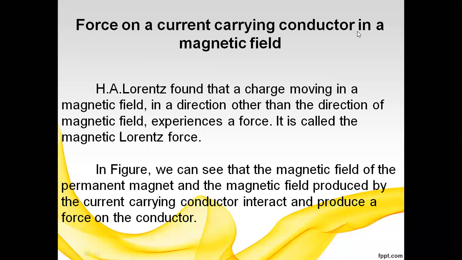So in this experiment, we find that the current carrying conductor exerts a force on the compass needle. After that, Michael Faraday discovered that a current carrying conductor also gets deflected when it is placed in a magnetic field.